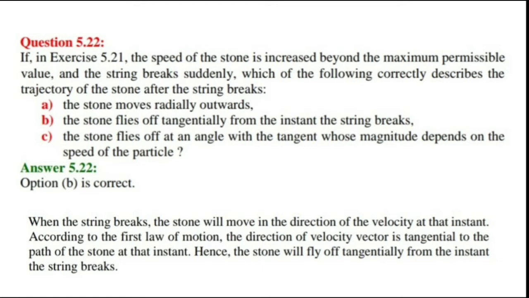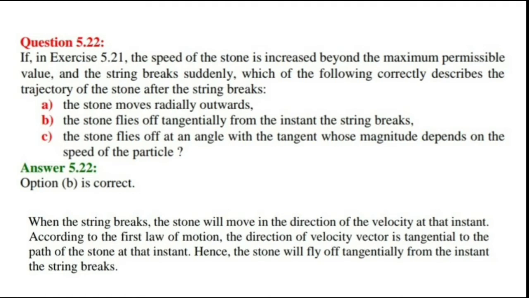The first option: stone moves radially outward. Second option: stone flies off tangentially from the instant the string breaks. And the stone flies off at an angle with the tangent whose magnitude depends on the speed of the particle. You know, at each moment in the circular motion, the object has its velocity along the tangent.